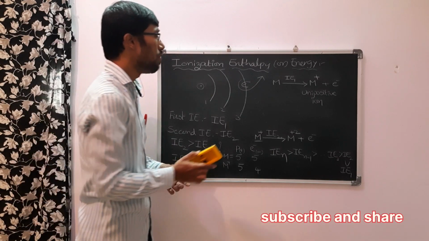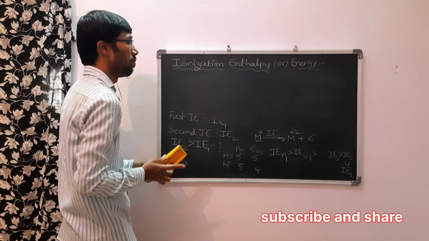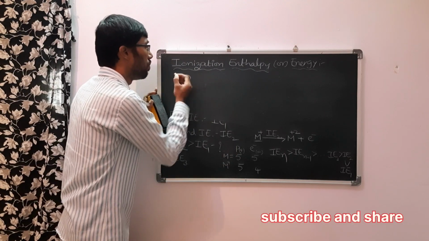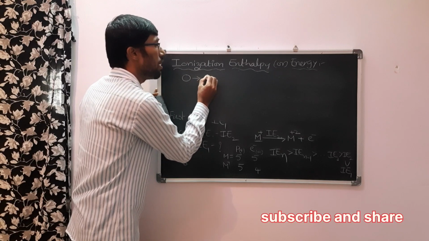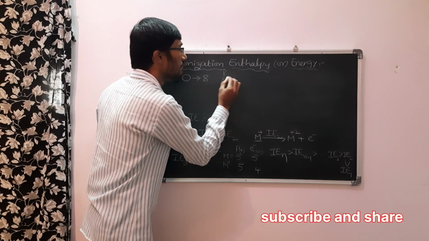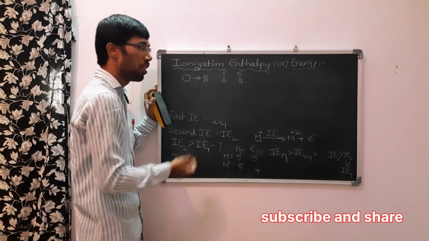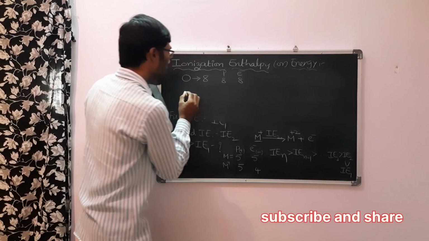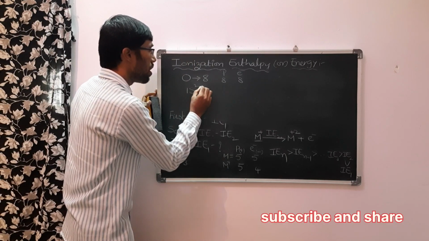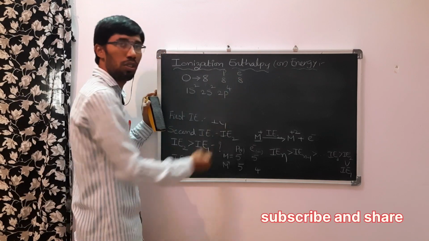For example, let us see the oxygen atom. The atomic number of oxygen is 8, so the number of protons is 8 and the number of electrons is 8. We write the electronic configuration as 1s2, 2s2, 2p4.